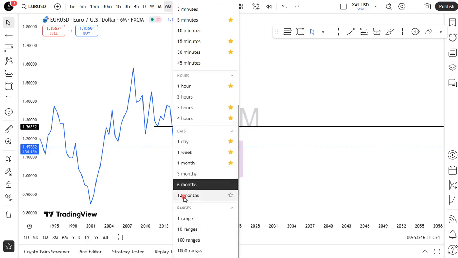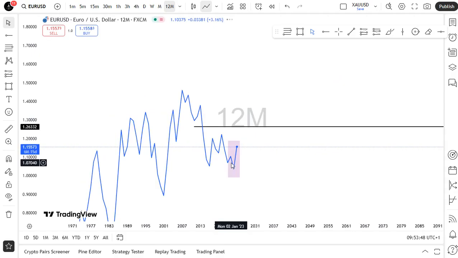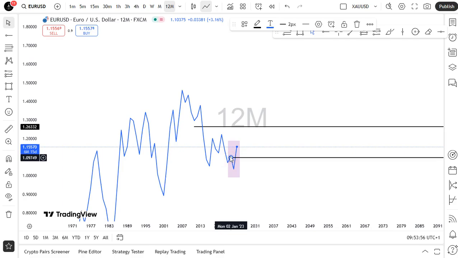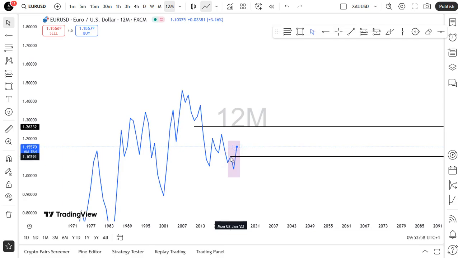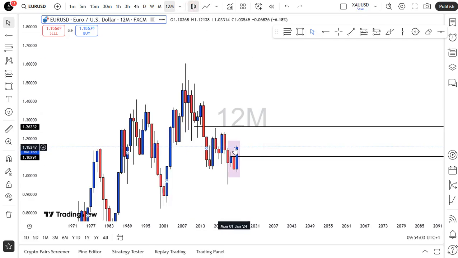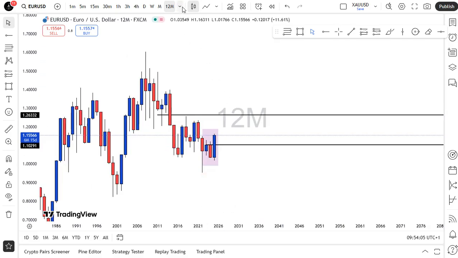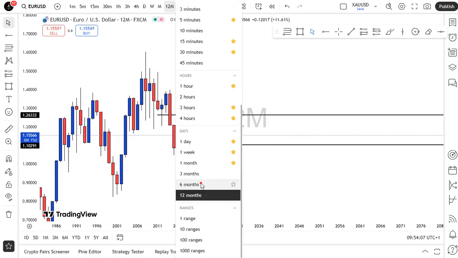Let me go back and show you. That's it there, right? If I put this line on top of that, so let's have that place. It's a recent bullish break of structure to the upside. So that's it. Now on the 6 month time frame, let's go back.